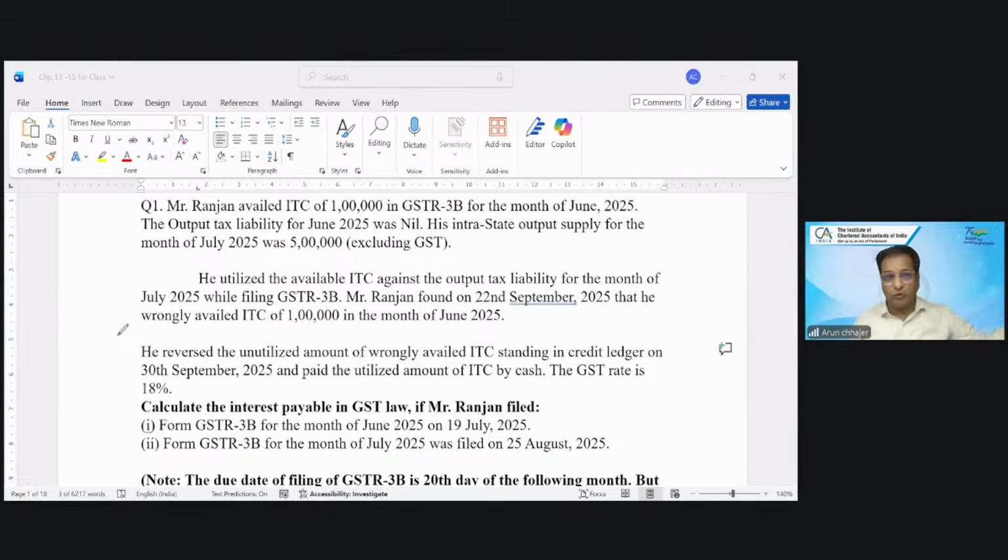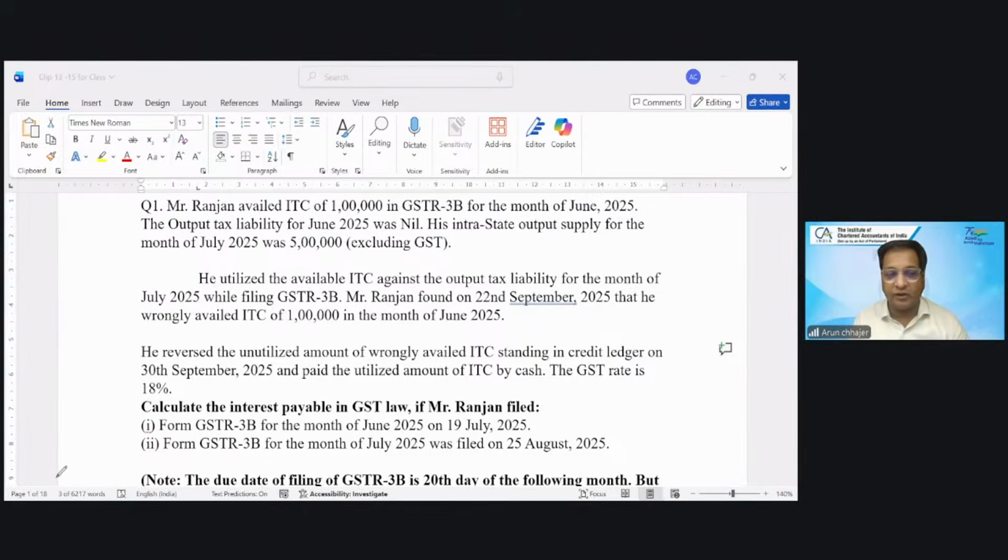How much interest would be applied considering Rule 88B? Now we can say, as per the proviso to Section 50 subsection 1, what is the proviso saying?